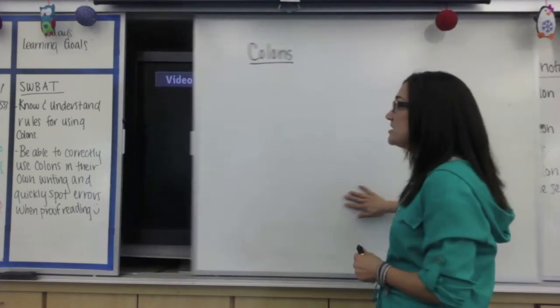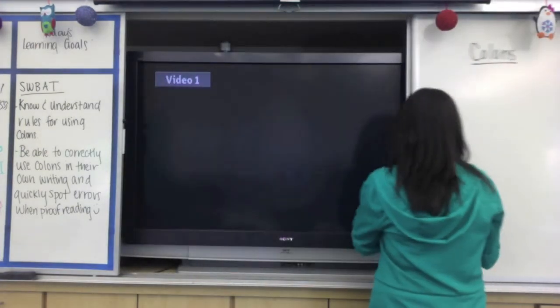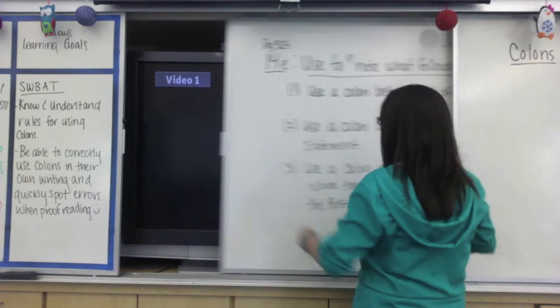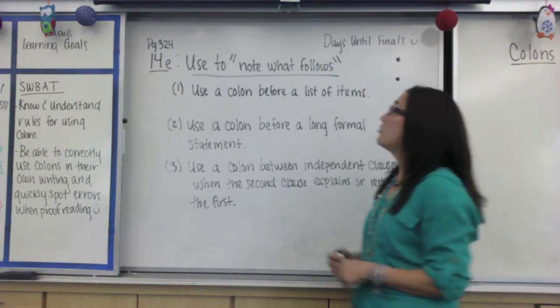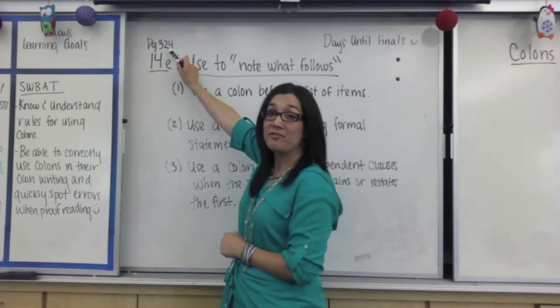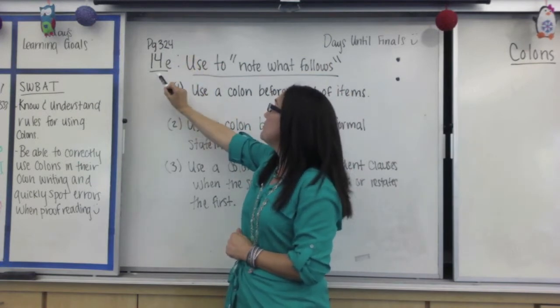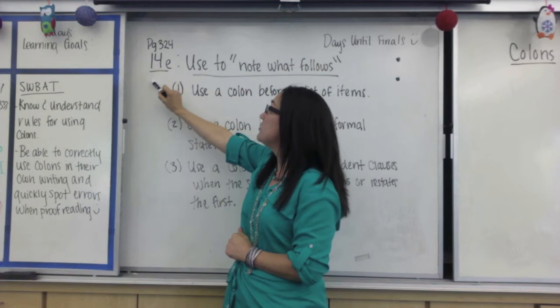While you're getting your notebook out and ready, I'm going to switch my board over and start with our first rule. This comes from our Holt Handbook, page 324, Rule 14E.